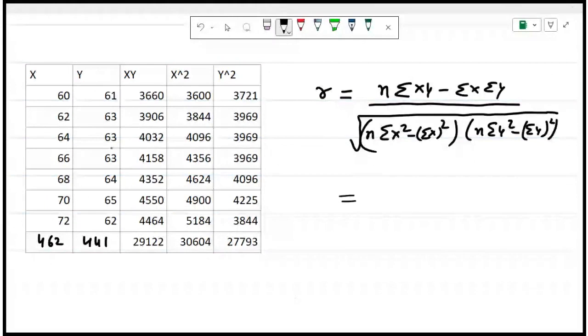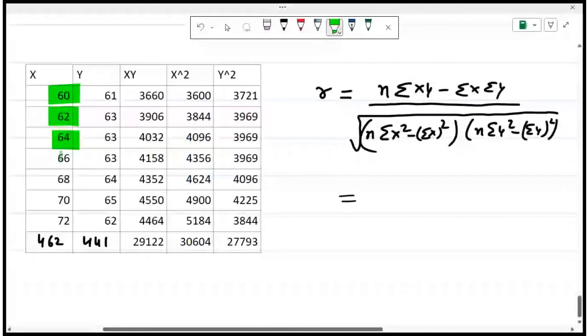So n is 7. n means how many pairs of data we have. You can see here 1, 2, 3, 4, 5, 6, 7. That is why n is 7. Now sum of xy.